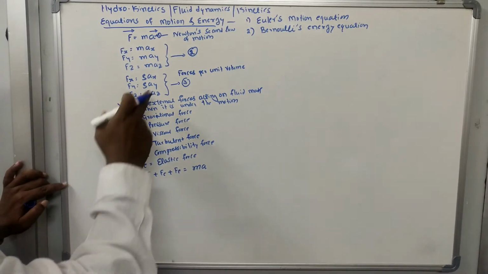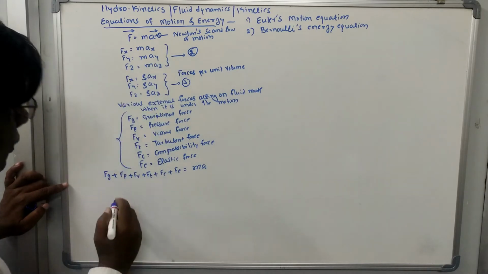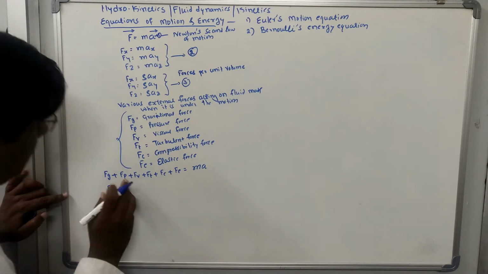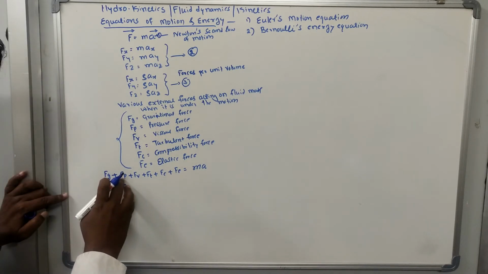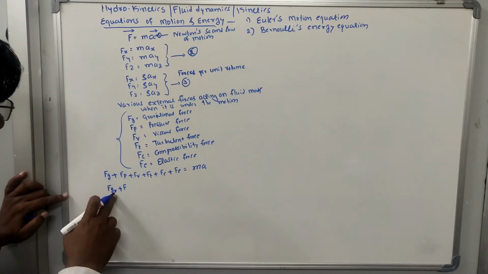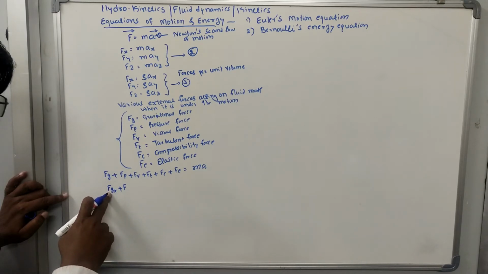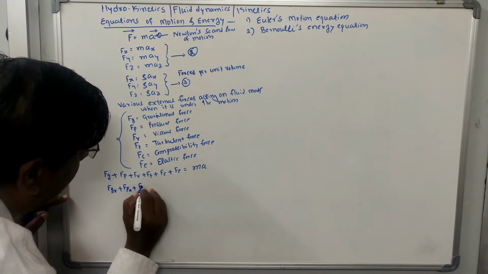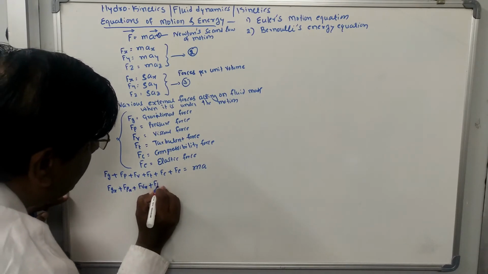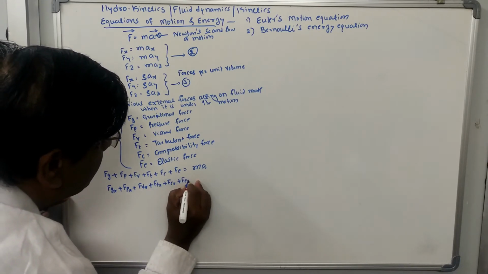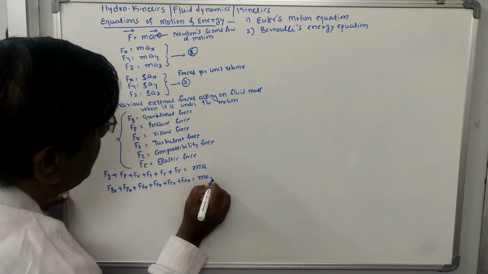Similarly, as per equation 2, F_Gx is the gravitational force in the x direction, that is, the rectangular component of Fg in the x direction. So F_Gx plus F_Px plus F_Vx plus F_Tx plus F_Cx plus F_Ex is equal to M a_x.